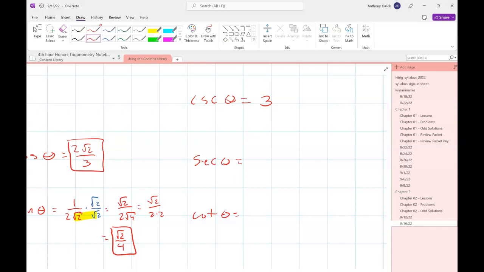Secant is going to be 3 over 2 root 2, which will rationalize to that. Notice I skipped some steps there and just did it. Everybody's okay? Refer to the tangent one if you're confused. And what's the cotangent going to be? 2 square root 2 over 1, or just 2 square root 2.